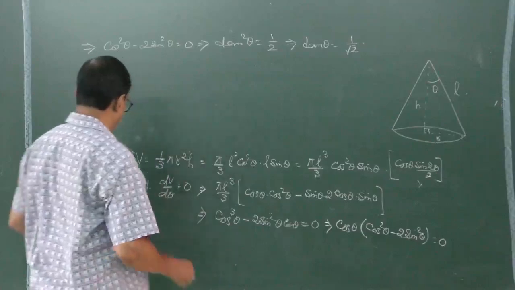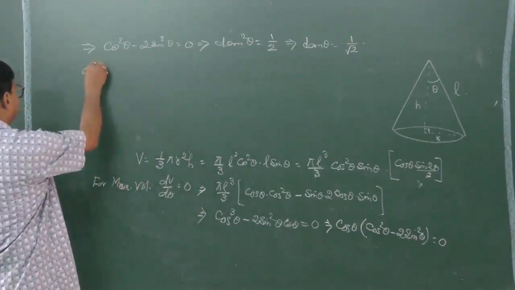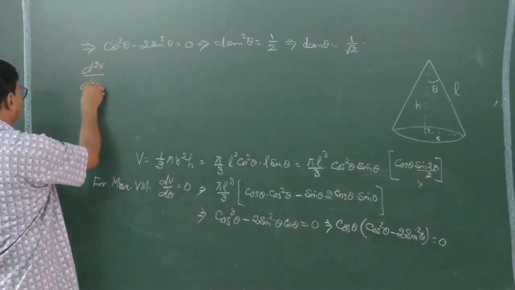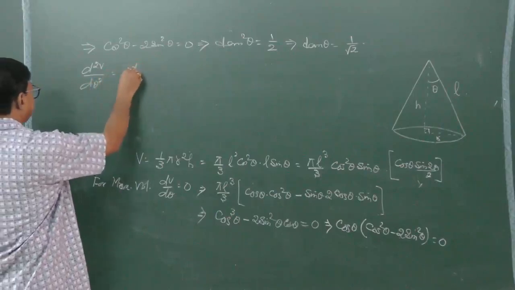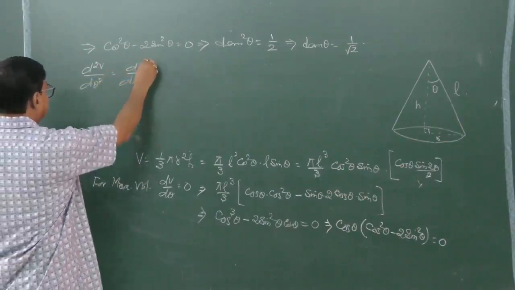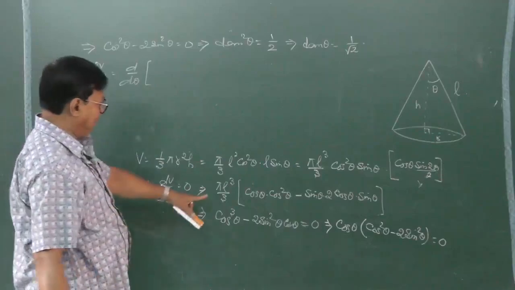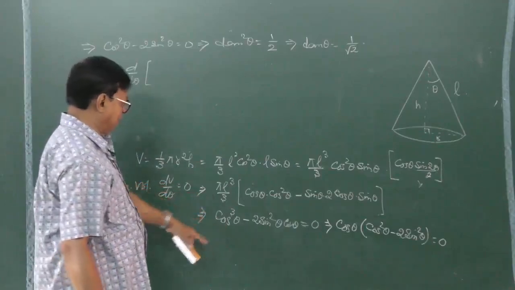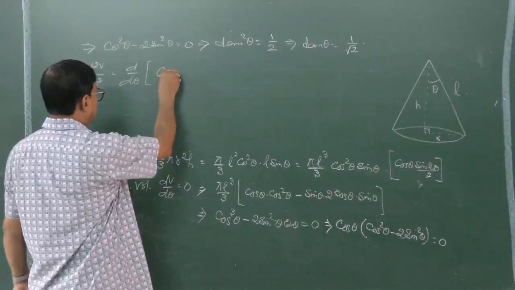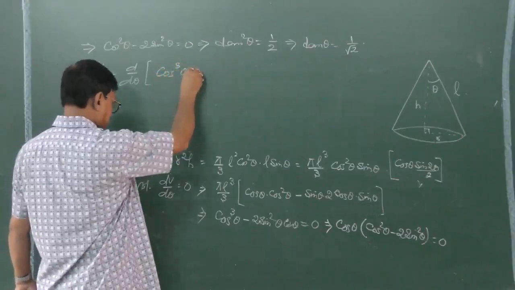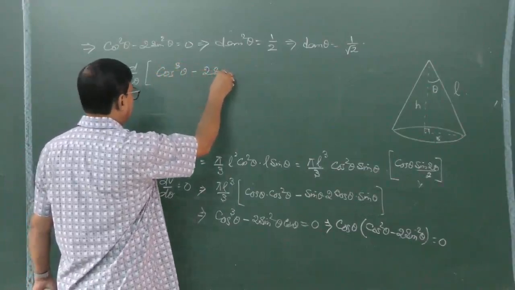Now here, d2V by d theta 2. I am leaving out the constant. I come to this part only: cos cube theta minus 2 sin square theta cos theta.